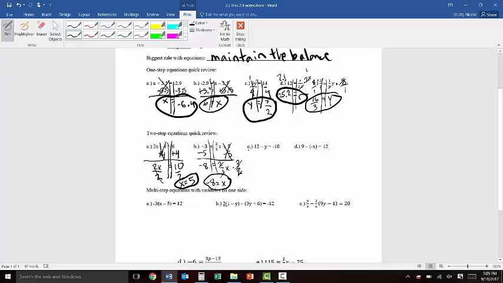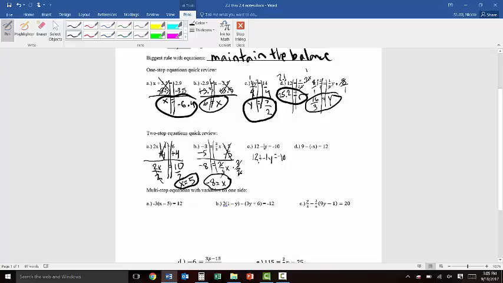Letter C is one we got to be careful of. So it says 12 minus y. The first thing I like to do is put a 1 in front of the y, because we don't want to forget about that coefficient. So we really have 12 plus a -1y. That's really what this problem is saying. So our variable was multiplied by -1, and then we added a 12 to it.